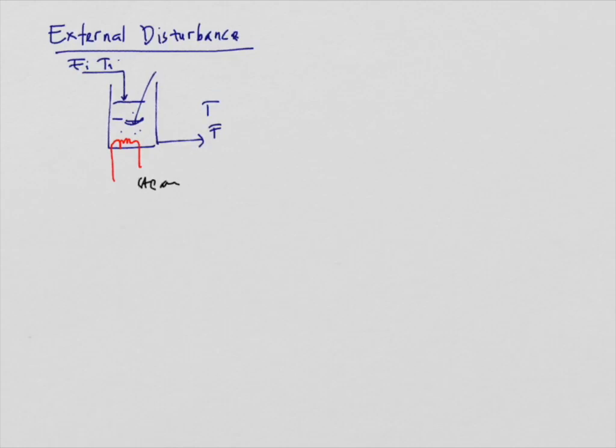What is the objective of the system? The objective is the temperature of the liquid output from the tank, and we want the temperature to be at a desired value, which we call Tt. This is the desired value of the output liquid temperature.